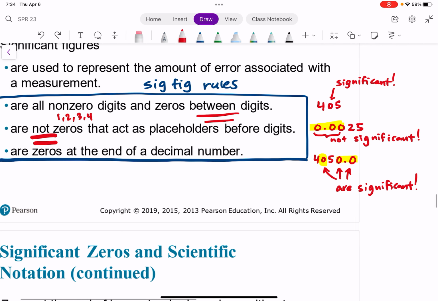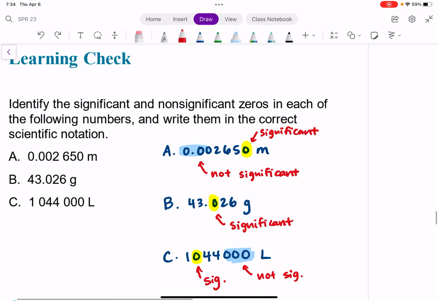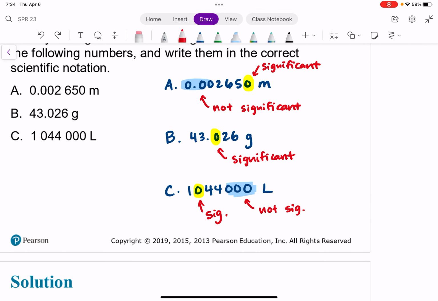So zeros at the end of a decimal number. Even if there was a decimal right there, those zeros are significant because they're zeros that come at the end of a number that has a decimal in it. So the decimal point really quickly lets us know if we have significant figures.